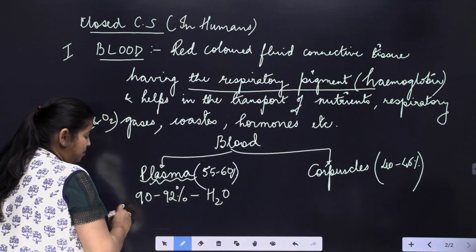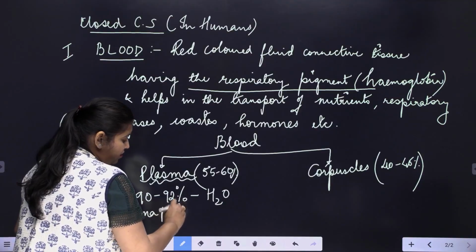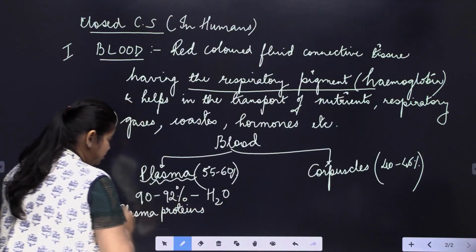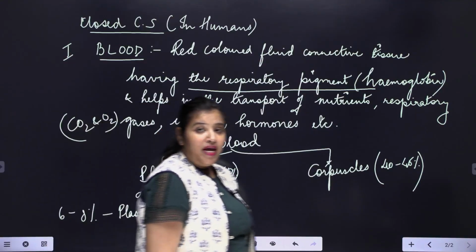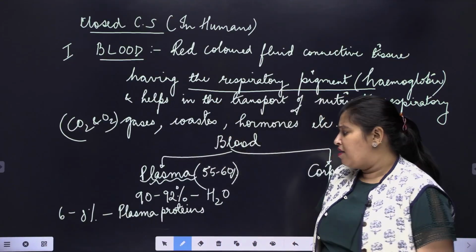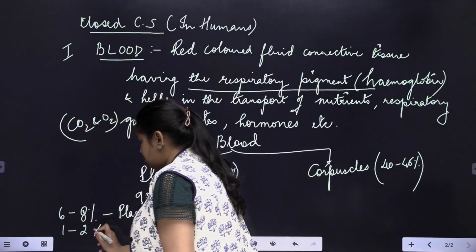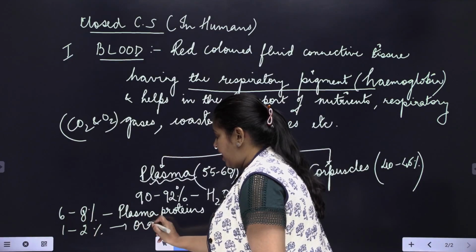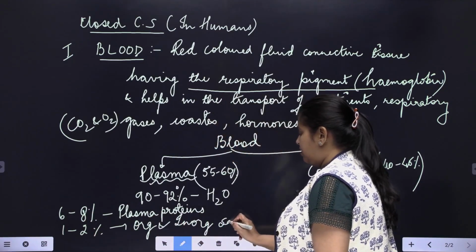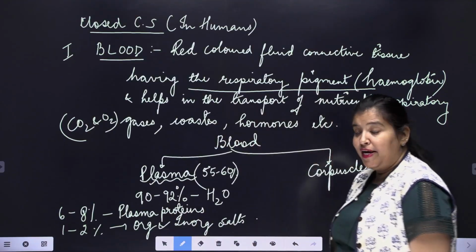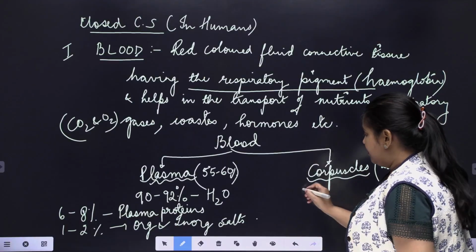Besides this, there are plasma proteins which contribute 6 to 8%, and the remaining 1 to 2% is organic and inorganic salts. And when we talk about corpuscles, we mean the cellular part.